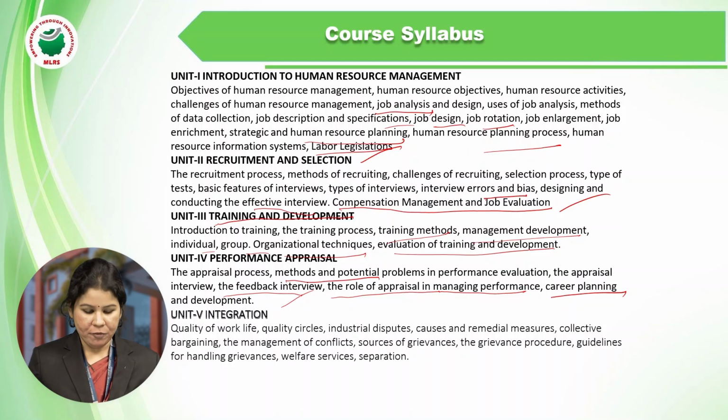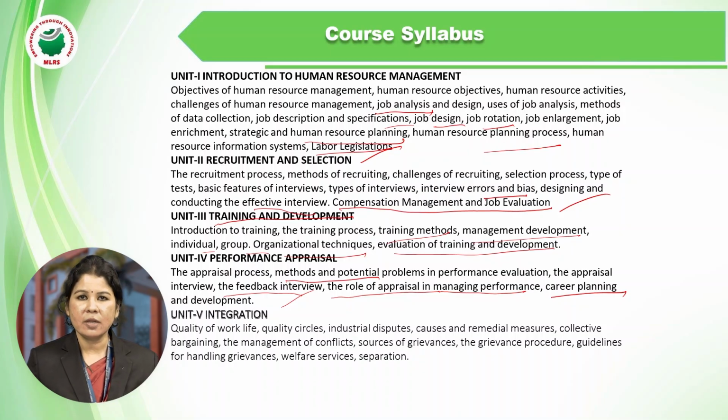Coming to Unit 5, we are going to discuss integration and industrial relations, in which we discuss the quality of work life, quality circles, industrial disputes, causes and remedial measures, and collective bargaining. All these are grievance redressal methods in any organization.